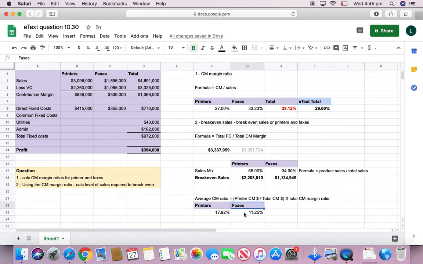If you do it in Excel, it's a bit easier. You can really see the formulas carrying on. I'll reverse that with Control Z, so that's calculating it out of my total, not the eText total. So that is our average CM ratio calculated.